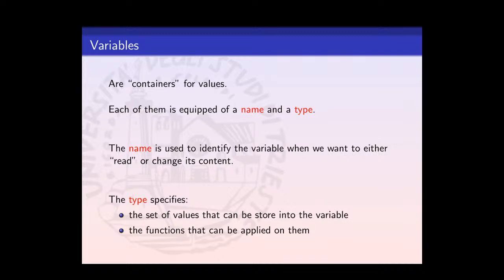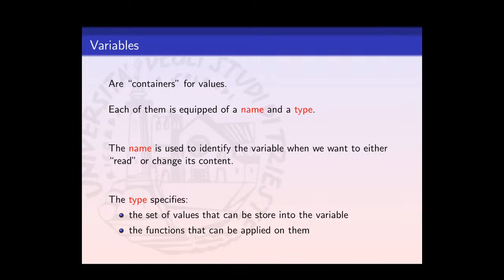Now, what is a variable? A variable is a really important notion for any possible imperative language. So probably you are already aware of what I'm talking about. But basically, they are containers of data, and they are equipped with a name and a type.